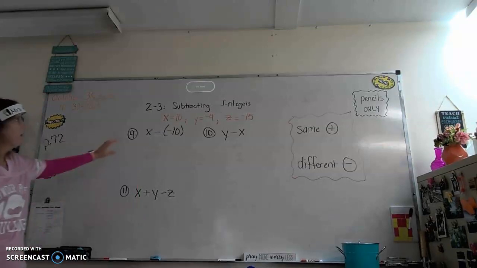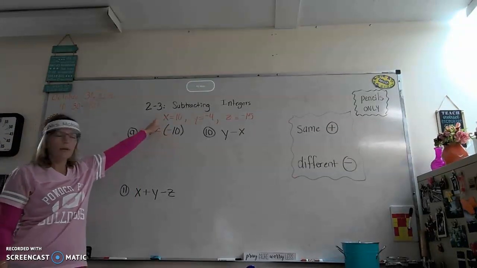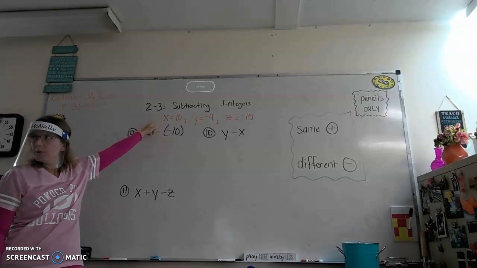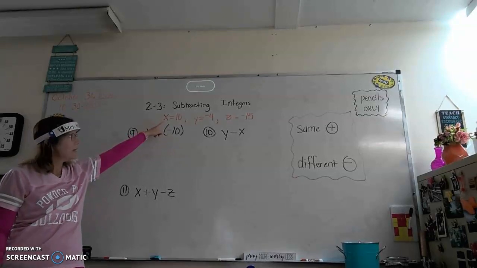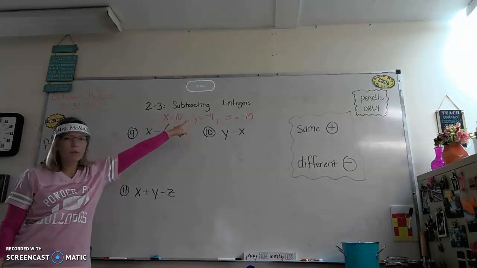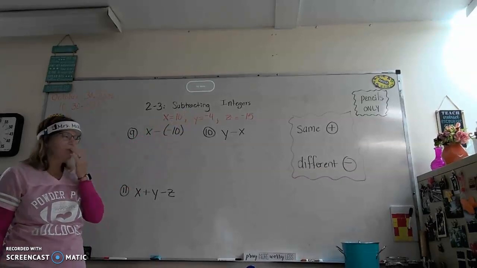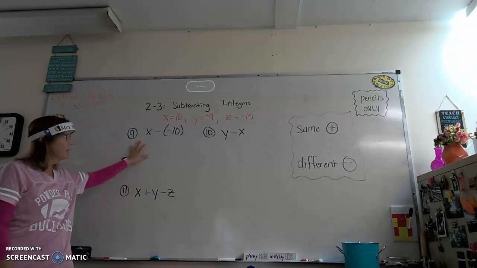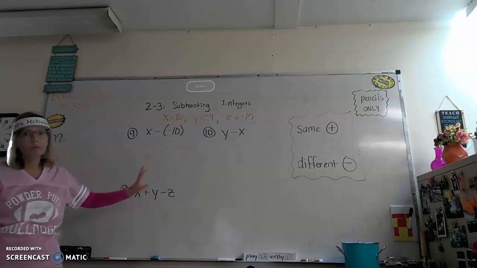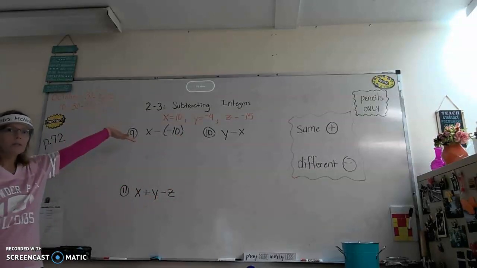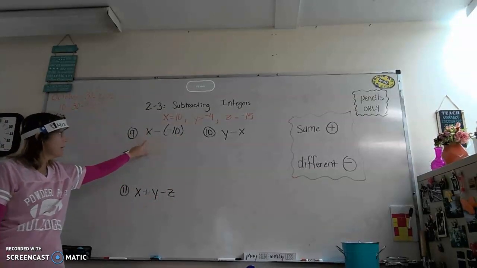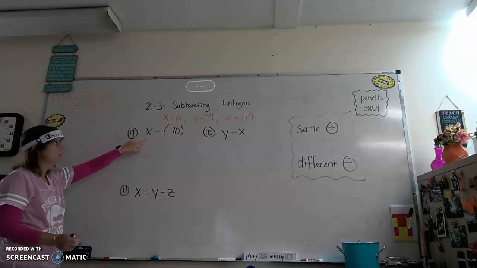Okay, so on this last section, the directions told me what each variable equals. The directions said x equals 10, y equals -4, and z equals -15. Then they gave me some problems with variables, and they want me to plug in and solve. So what am I plugging in here for 9? 10.